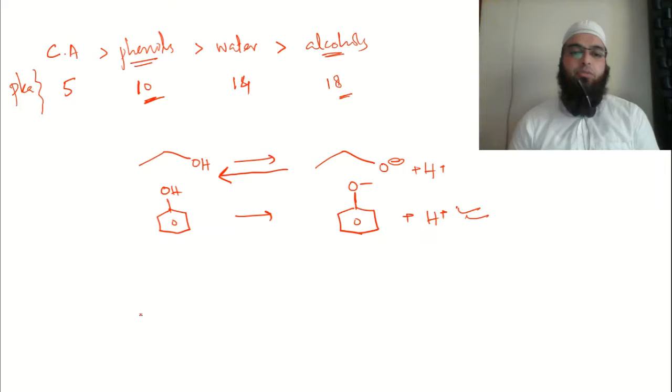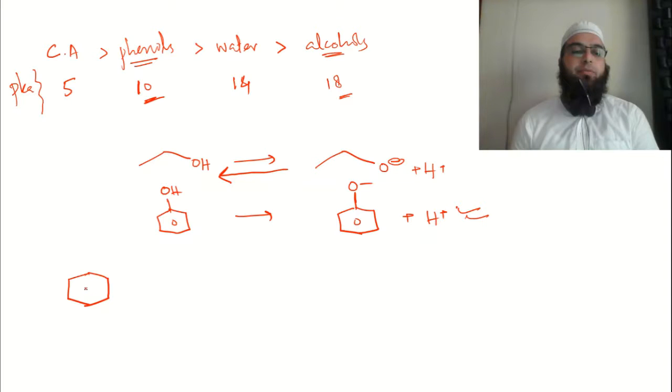Okay, and there is also the effect of the presence of groups on the acidity of phenols. The presence of groups on the phenol alters the acidity of a phenol.